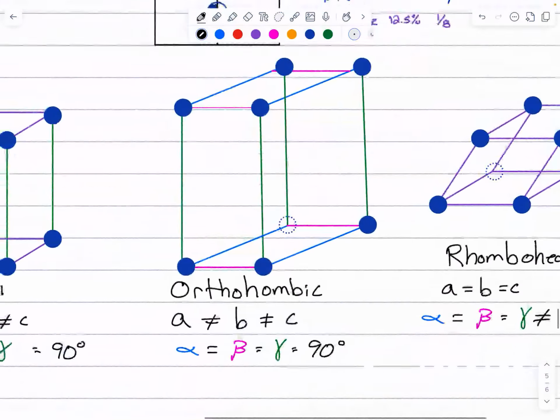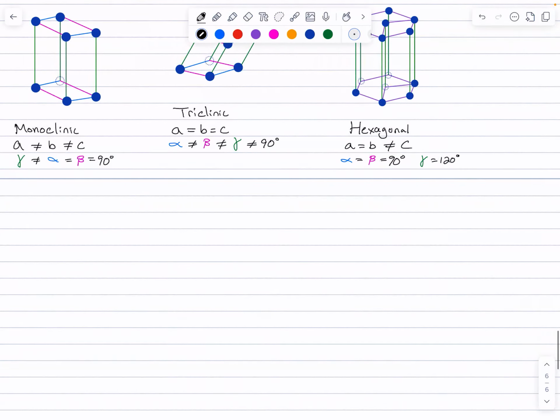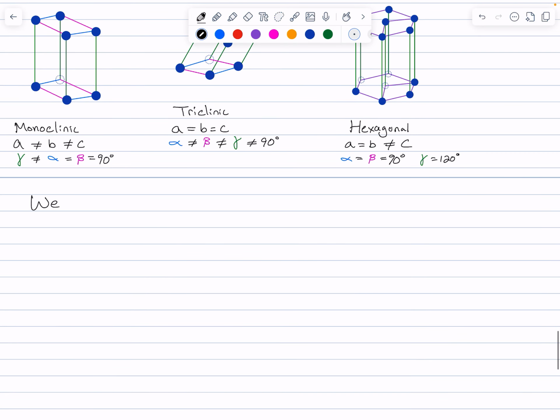Now, if we zoom back out, we're going to focus in this course on 3 different types of solids. First is simple cubic.